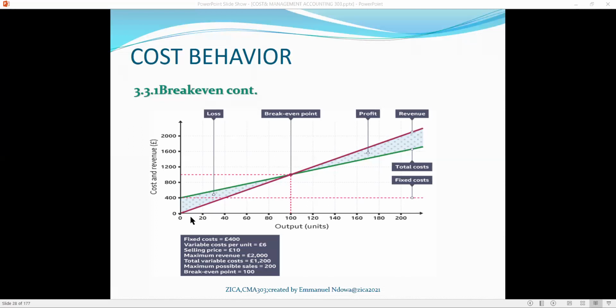But when you produce 120 units, you still have the fixed cost at 12,000, but your actual revenue is now catering for the total cost. Your revenue is above the total cost. That's the reason that above the 100 units mark, we are realizing some profit.